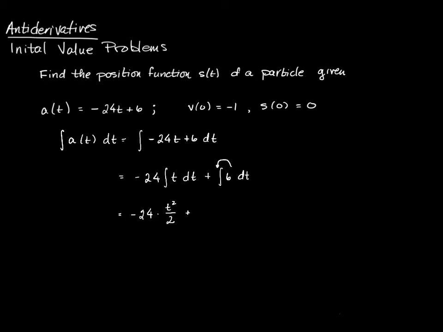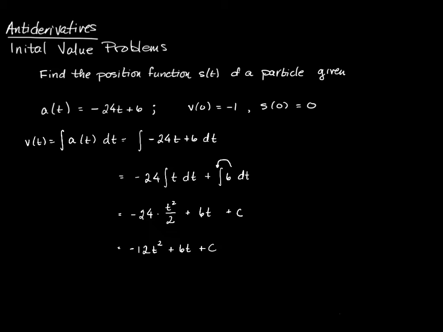The integral of 6 is 6t. So there's my antiderivative, but I need a plus c. And I can tidy it up. Negative 24 over 2 is negative 12. So I have negative 12t squared plus 6t plus c. There's the family of antiderivatives, the family that gives me the velocity function for the particle.